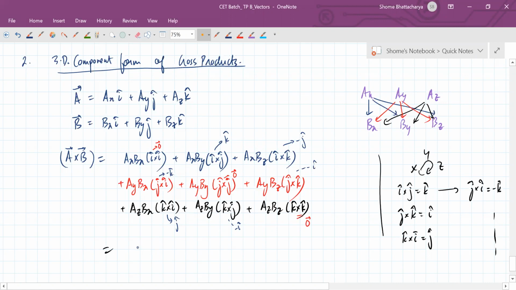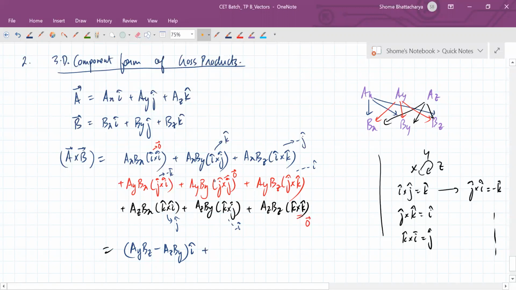So when you put together all this, we get the result: ay bz minus az by goes with i cap, because the i cap term is here and here.